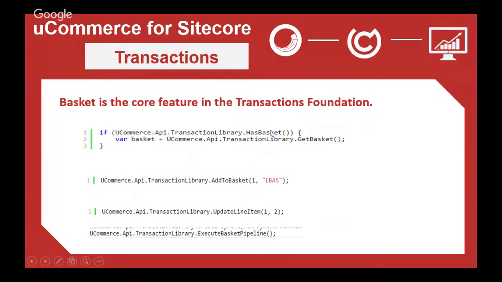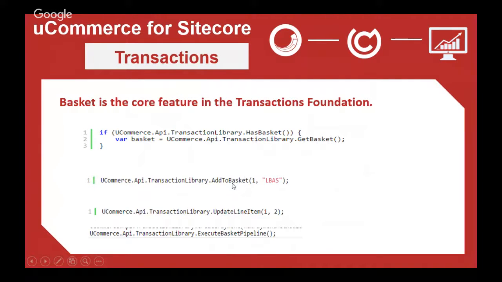So basically, following the same pattern, with the uCommerce.api.transaction library, you can check if you already have a basket defined. If yes, you can get the basket and get all the information from it. If you want to add products to the basket, all you need to do is just use the method called add to basket.